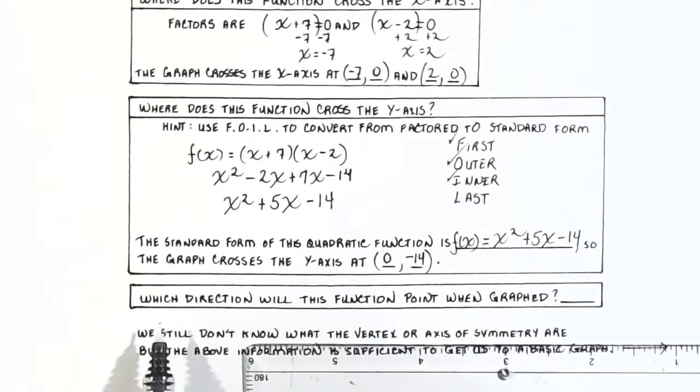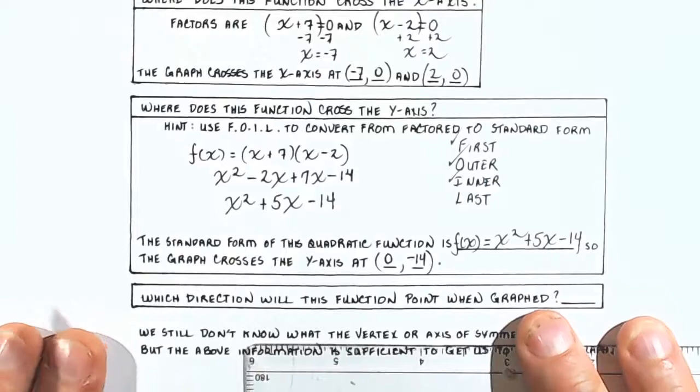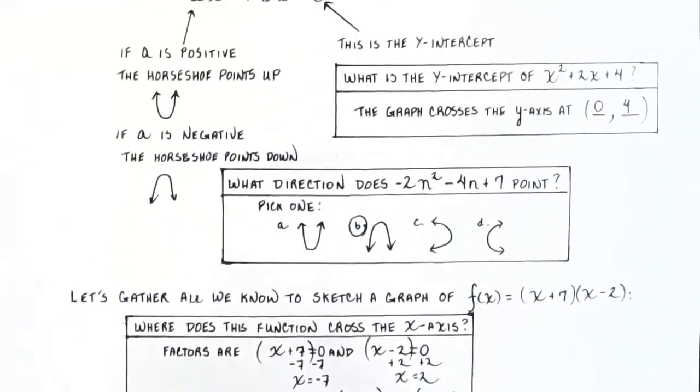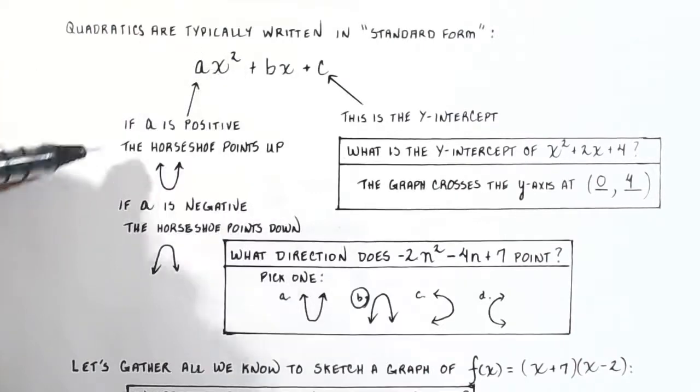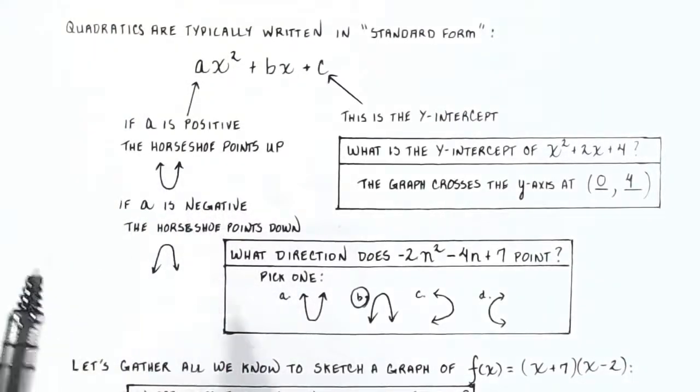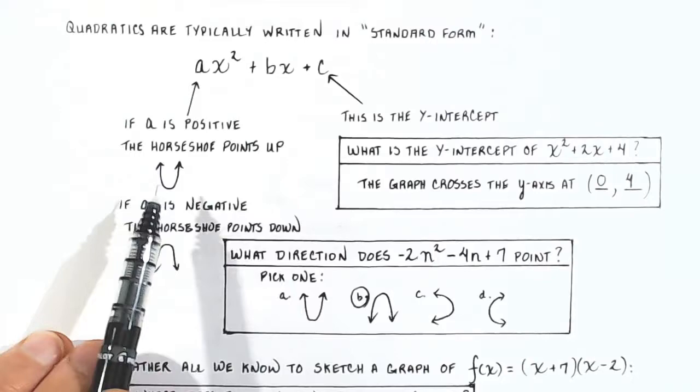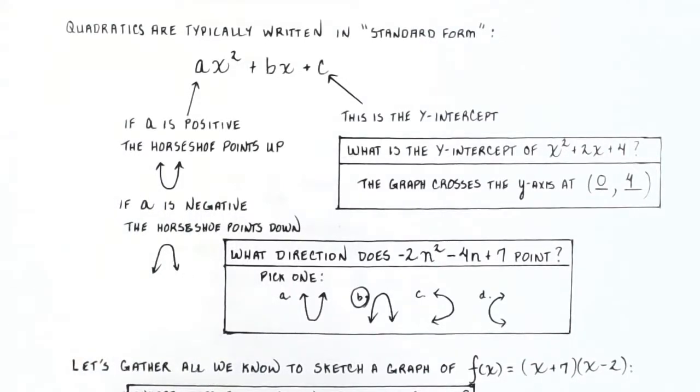Okay, finally, which direction will this function point when graphed? Well, remember how we know that. So if we go back up and look at our standard form equation, whatever number is sitting in front of the x squared term, that's what's going to determine it. If that number is positive, the horseshoe points up. If it's negative, the horseshoe points down.